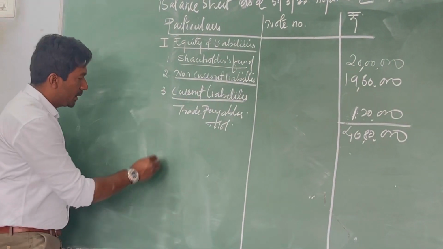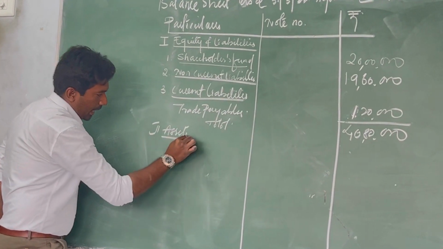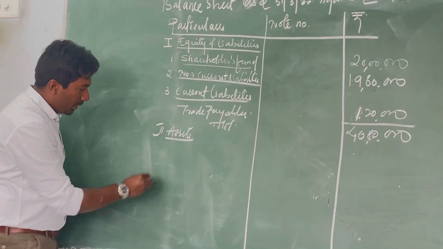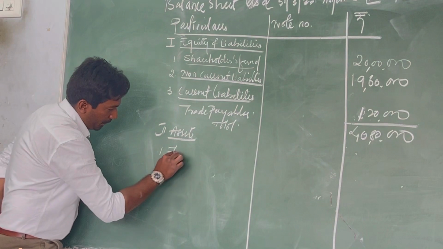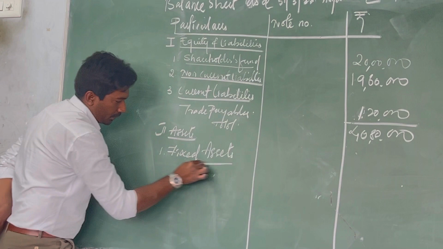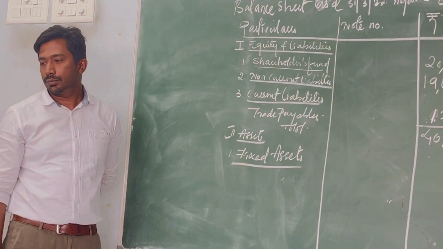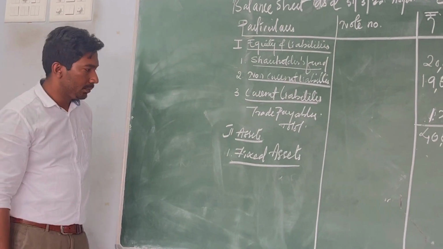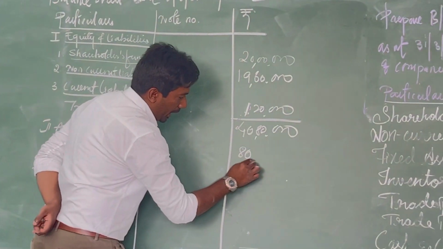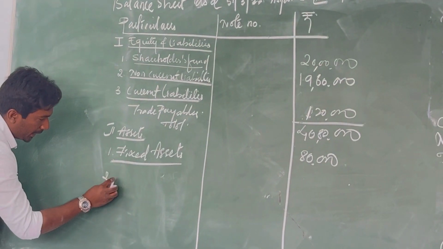Then next we have the second main heading, assets. Done? Under assets we have only two headings. First one is fixed assets.